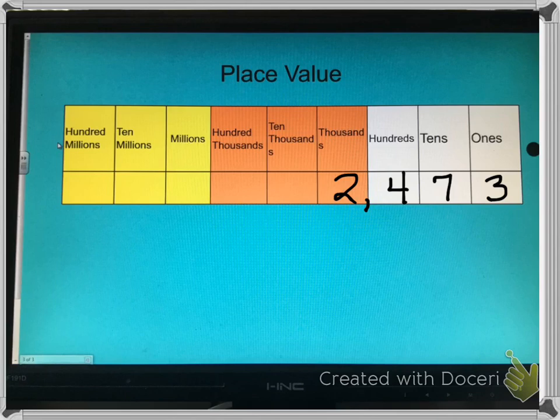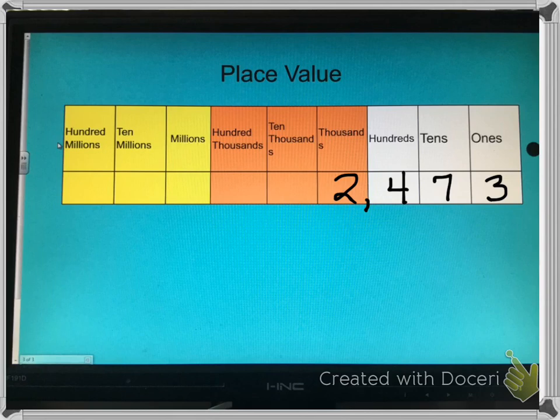But the digit 7 does not mean 7. It means 7 tens. Since it is in the tens place, 7 tens, of course, means 70. So the 7 has a value of 70. The 4, of course, is in the hundreds place, so 4 hundreds means the number 400.